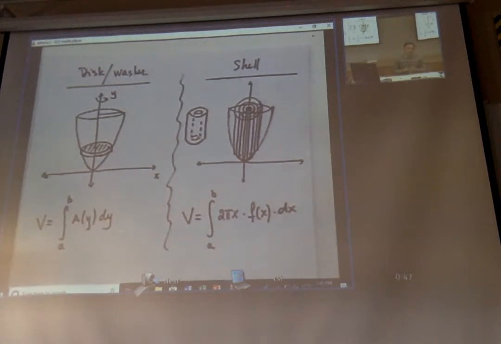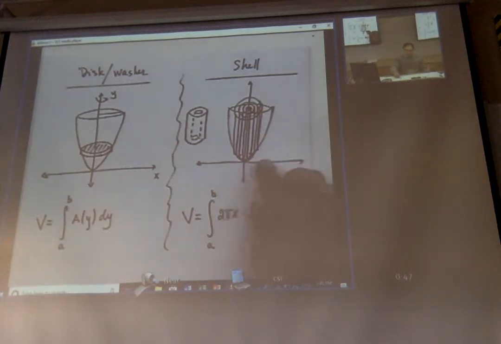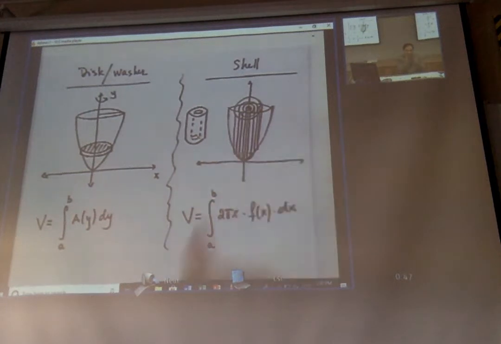Well, dx, if you go back to the limit of Riemann sum, will be delta x, right? Which is the thickness of the shell. Delta x will be a tiny little thickness of that shell. This is the formula we have to use.